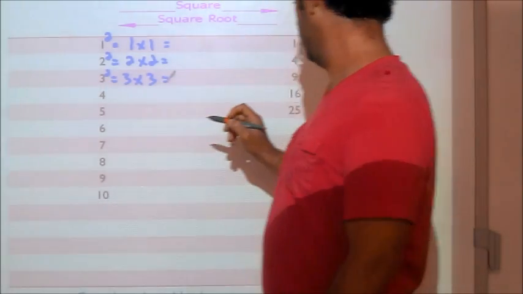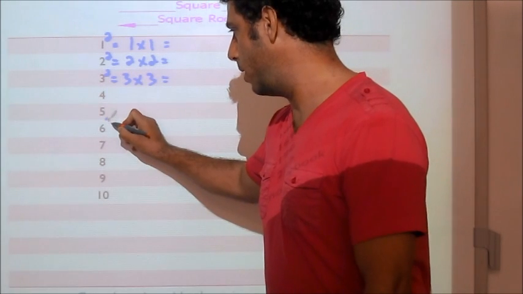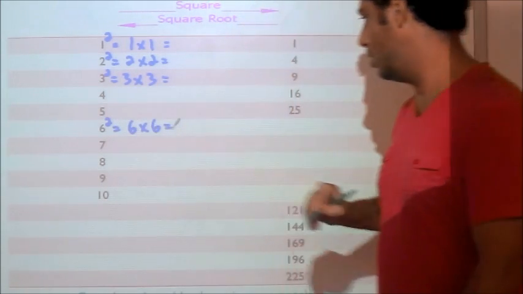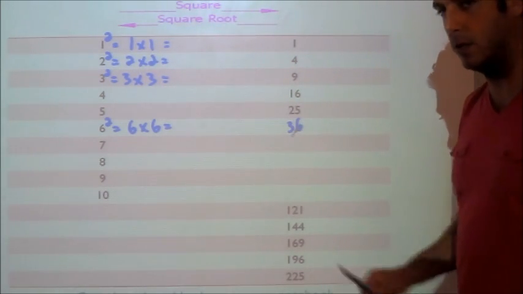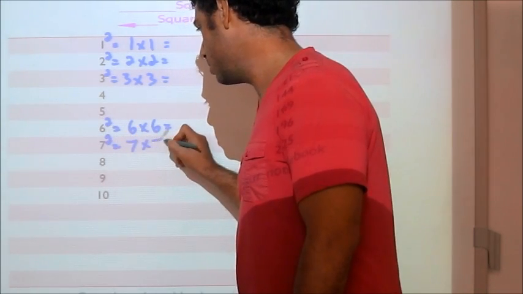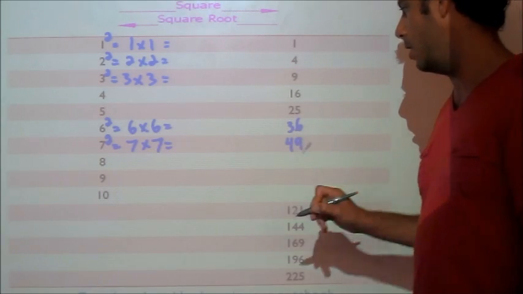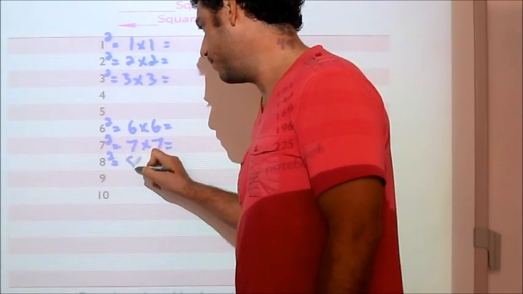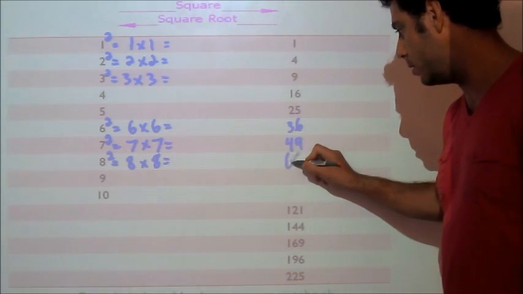So the number 6, we have a blank. 6 squared is equal to 6 times 6, which is 36. How about 7? What is the square of the number 7? Well, it would be 7 times 7, which would be 49. 8 squared would be 8 times 8, which is 64.